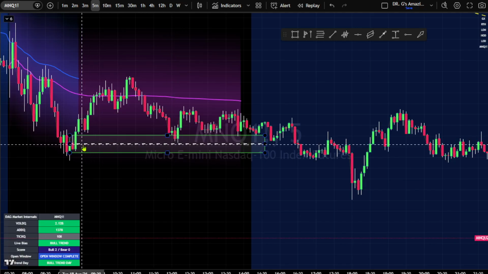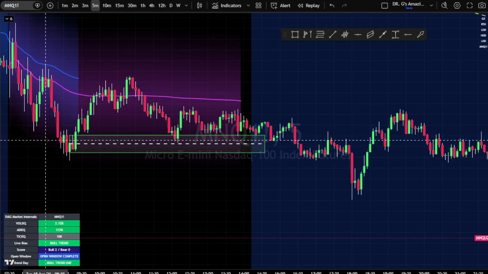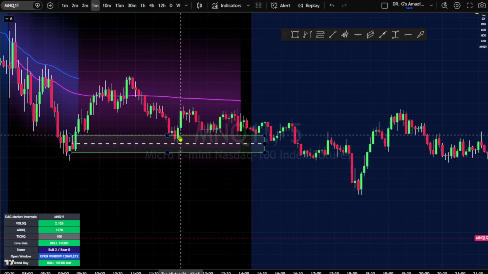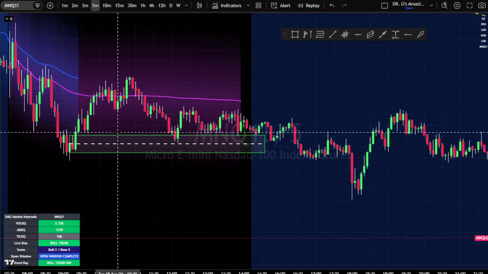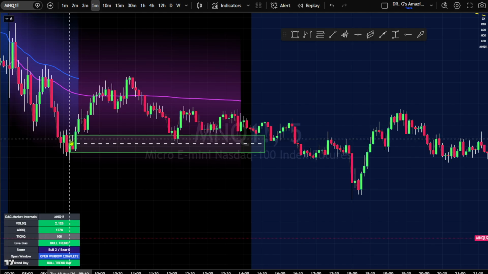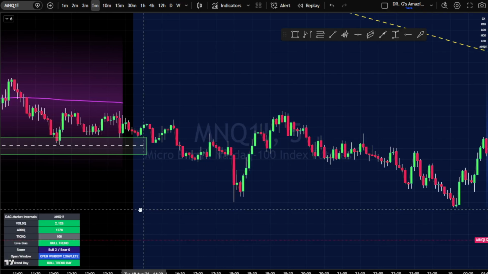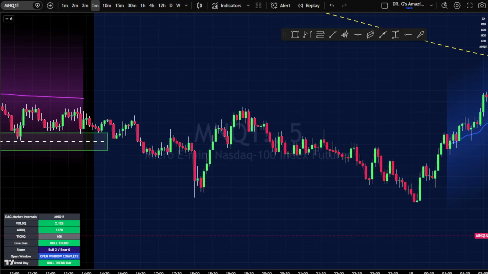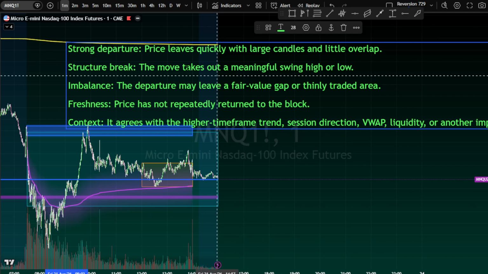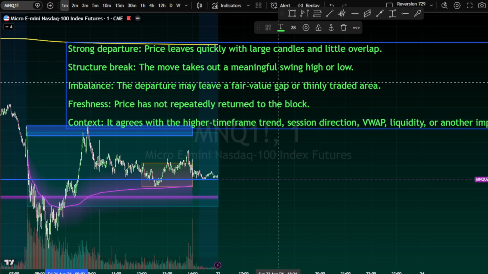And then number three, we have people that got in right here that are defending this position right here. Okay, so that's an example of an order block, right here where there's lots of orders that are consolidated right there.